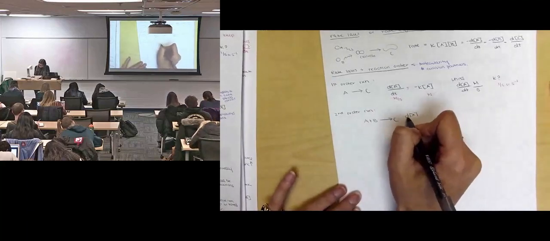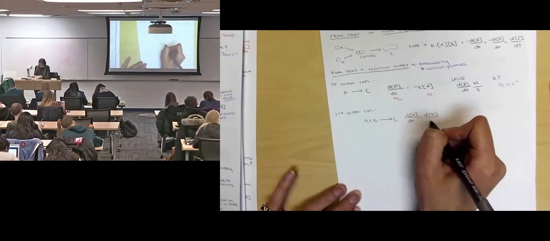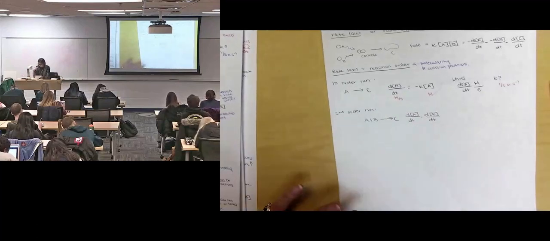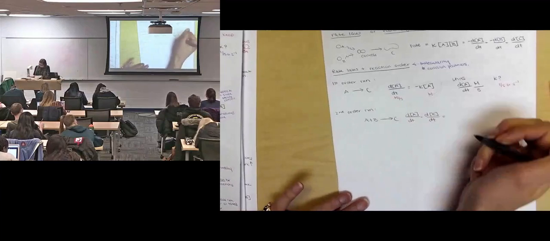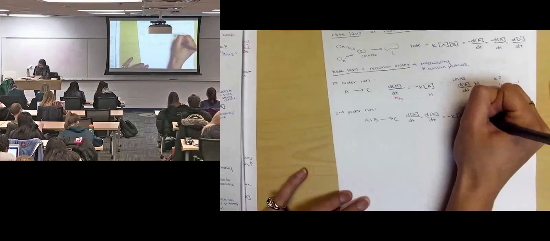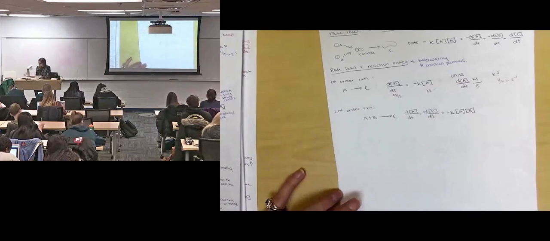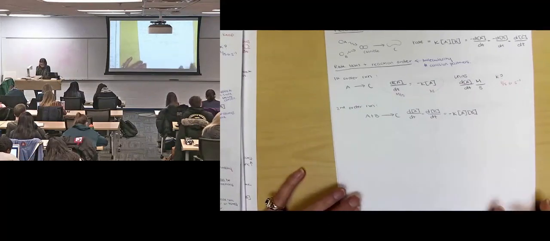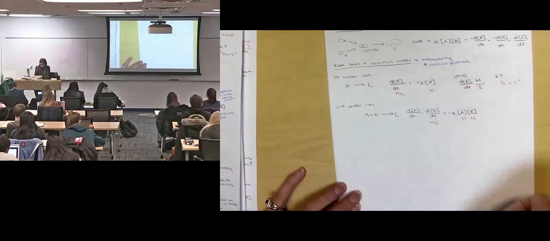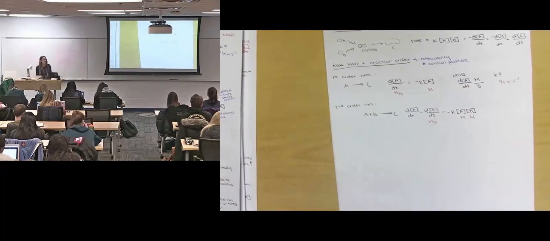So again, we have dA dt has to be equal to, and dB dt is changing, and so we can set this all equal to negative some rate constant, concentration of A, concentration of B. So what are the units for the rate constant for a second order reaction? This is molar, this is molar. We need it to be molar over seconds.